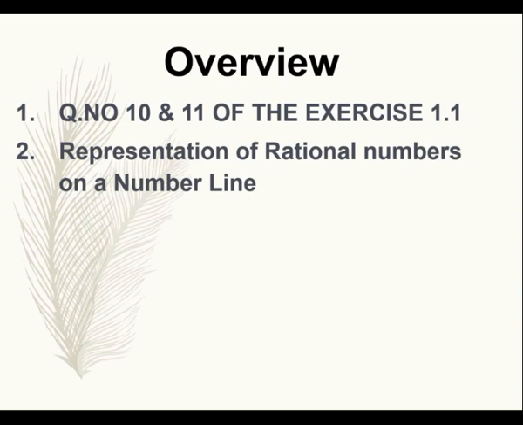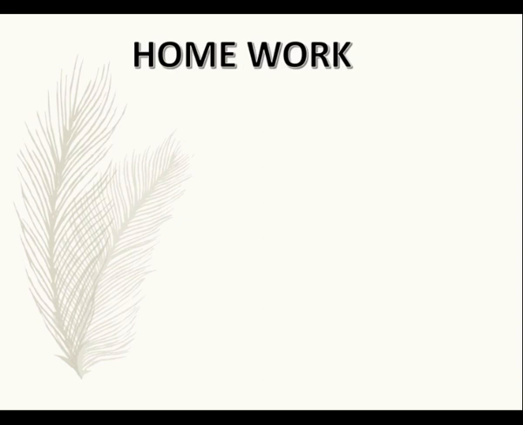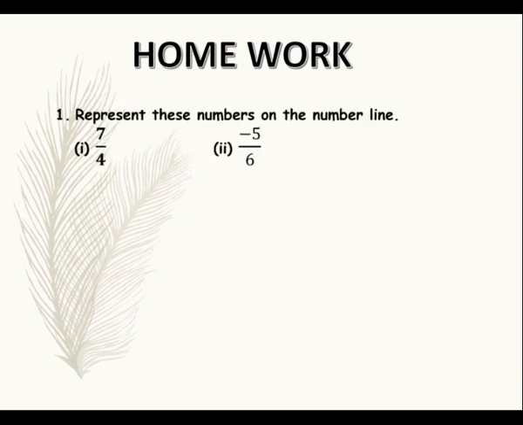So homework is: represent the rational numbers 7 by 4 and minus 5 by 6 on the number line. Children, for sub question 1 you have to do a separate number line, and for sub question 2, minus 5 by 6, you have to do another separate number line.